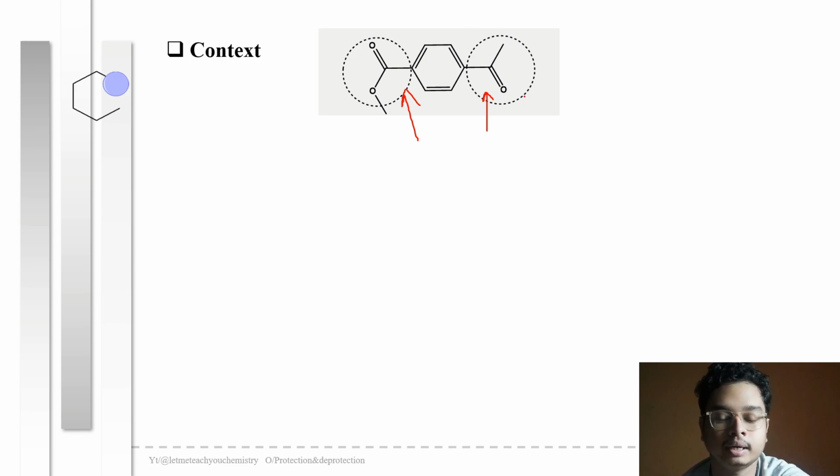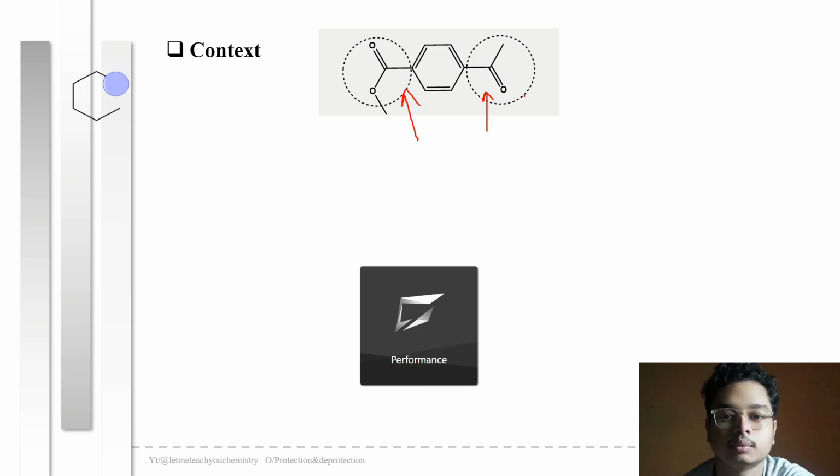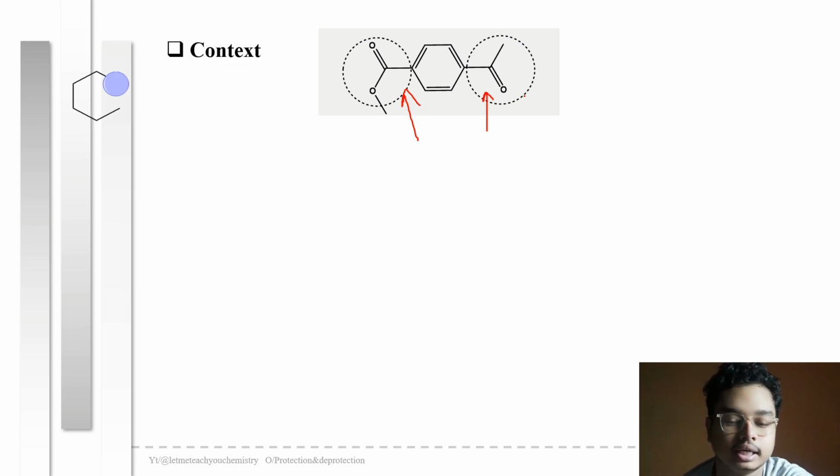We learned in reagent chemistry that selective reduction can be possible by using certain reagents. But in the practical approach, when you are doing an experiment in the lab, it might happen that you don't have the availability of the particular chemoselective reagent to do this conversion.